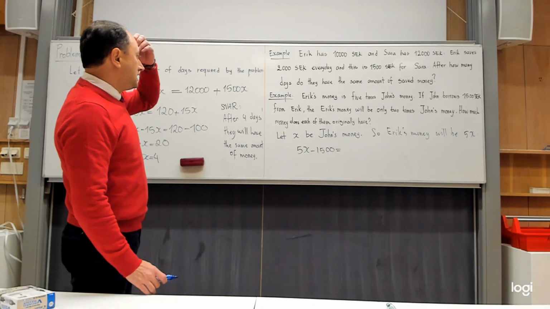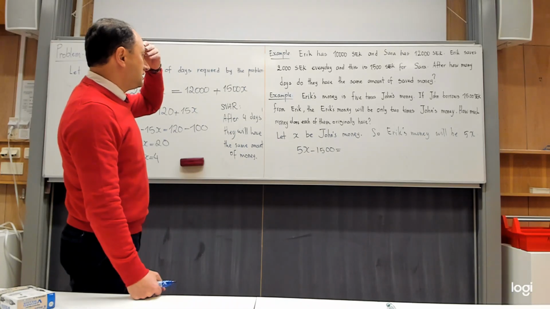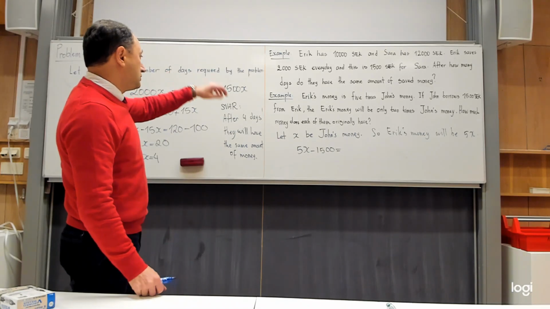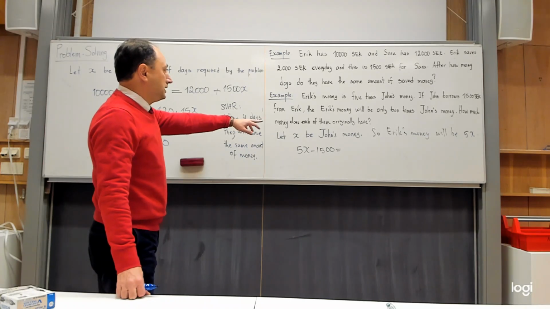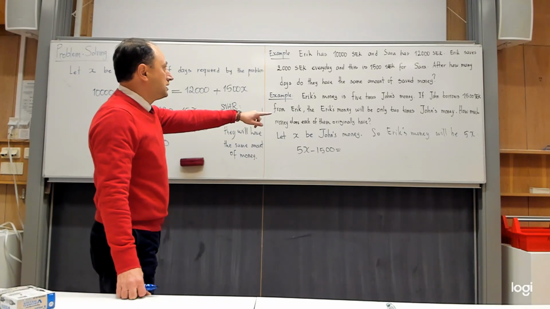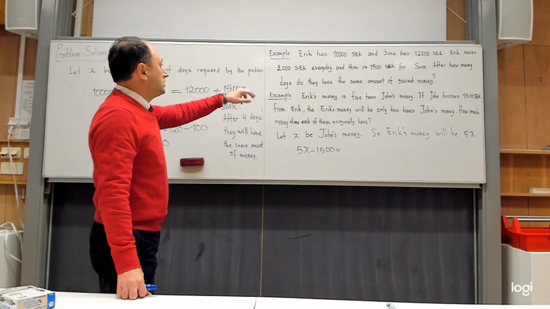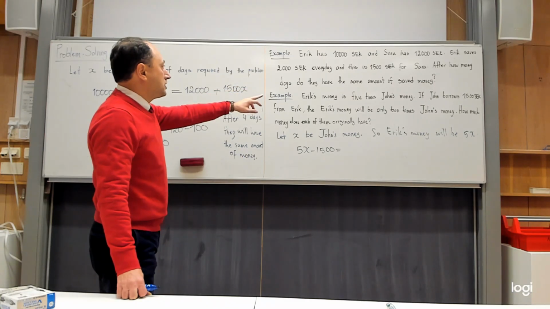Here, I think the other way around, wasn't it easier? So you wrote that X is John's money. Yes, that's good. Eric's money, according to the problem, is 5 times John's money.